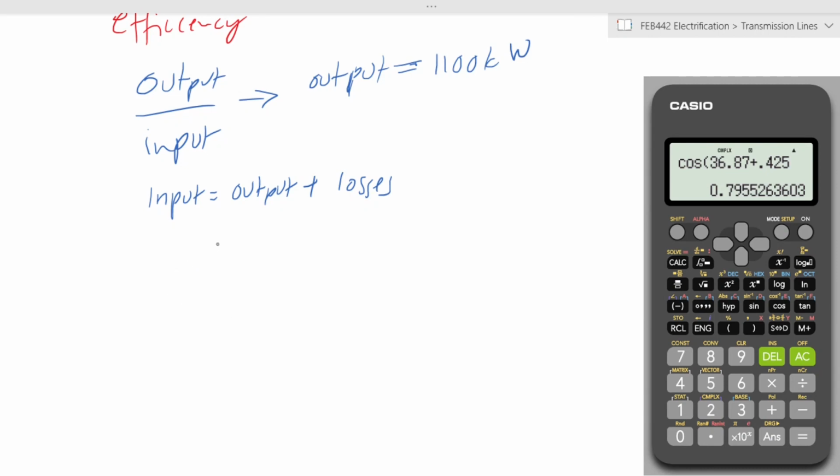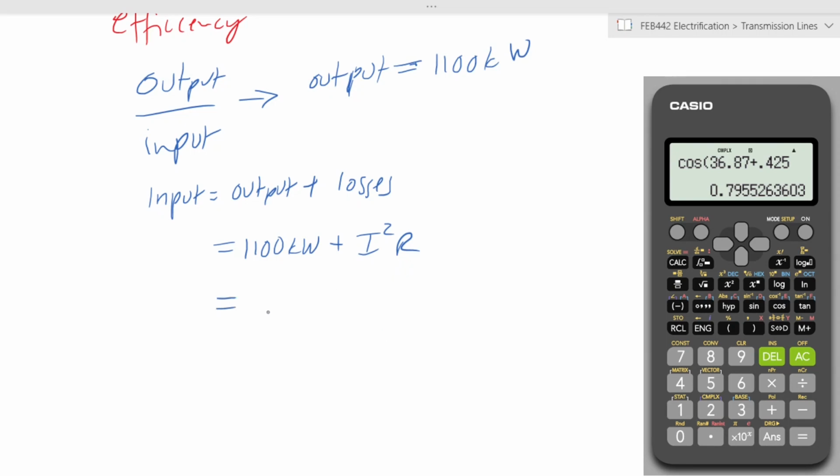So our output, which is known, which is 1100 kilowatts, will be added to the losses. Losses are I squared R. In this case, R is our transmission line resistance. We do not include the impedance or the inductance. We are only including real power.